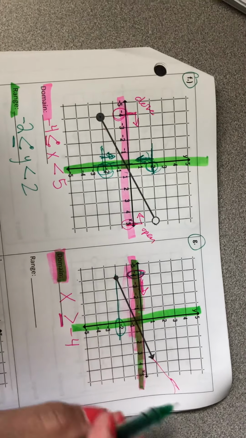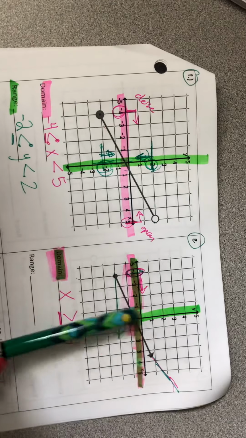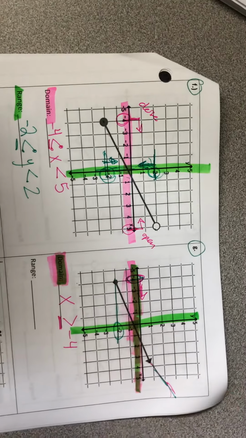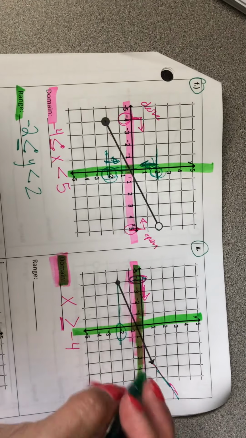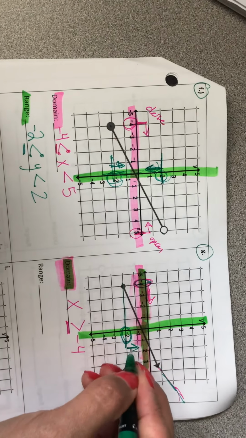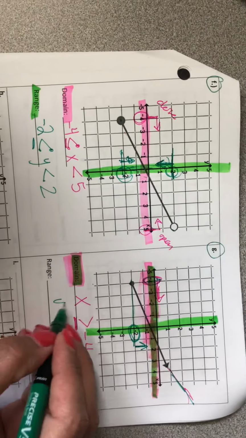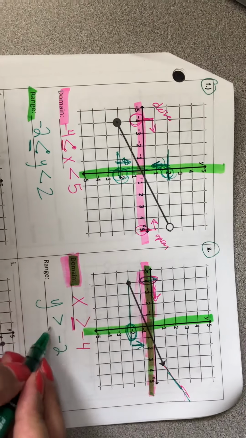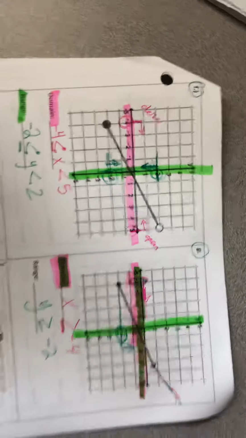But again, I have that arrow. As it keeps going up, it's gonna go up and include all these y values above because it keeps going on forever that way. So that means that y would be greater than, because it goes up, from -2. So y is greater than -2, closed circle, so or equal to.